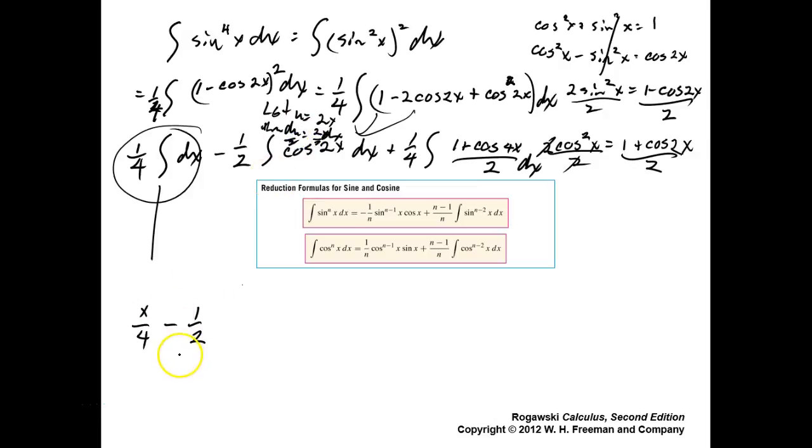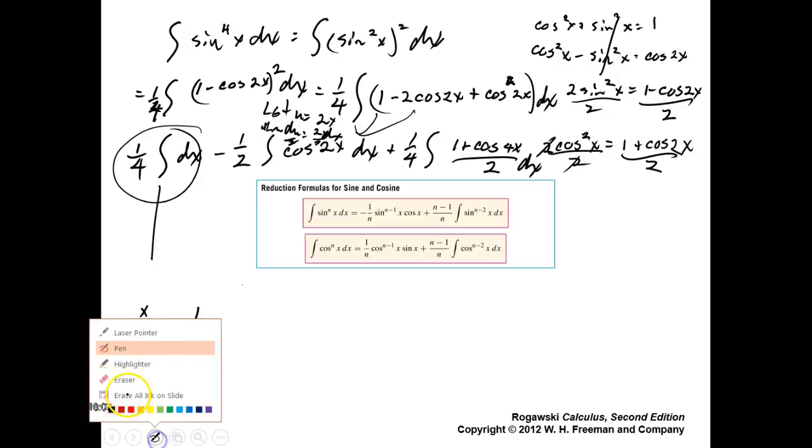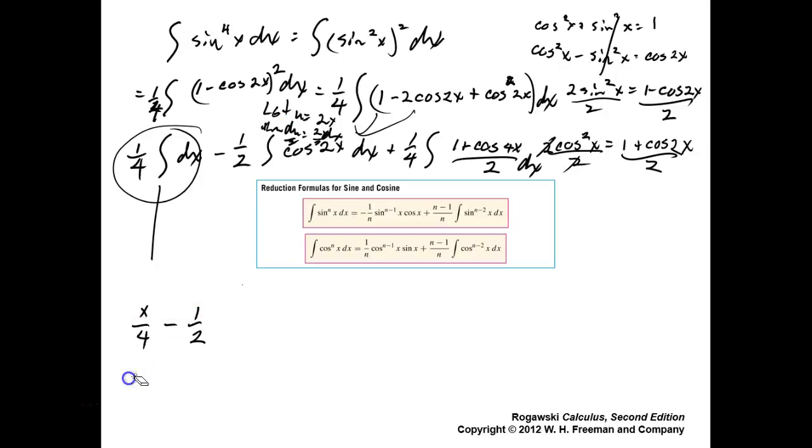So this would then be, all right. You had a 1/2 here, and you also have a du over 2, so that's going to make it a 1/4 here.